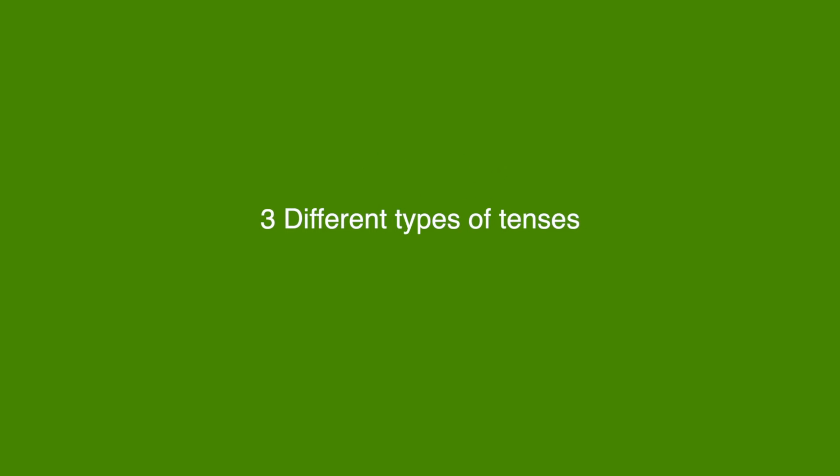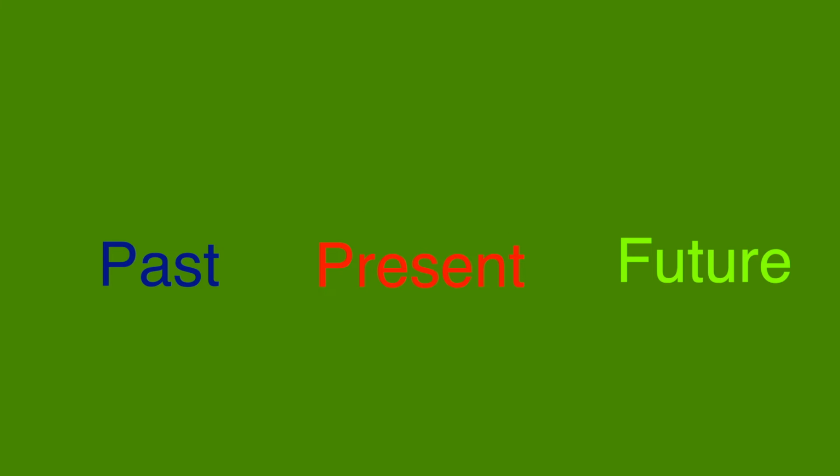Viewers, can you still remember the three different types of tenses? In the previous section of our lesson, we said that the three types of tenses, namely past, present and future tense, are all divided into other different categories that we are going to look at in detail.